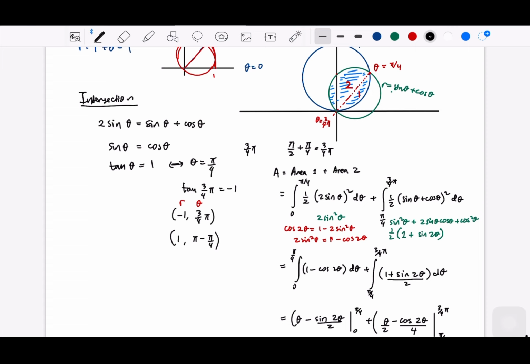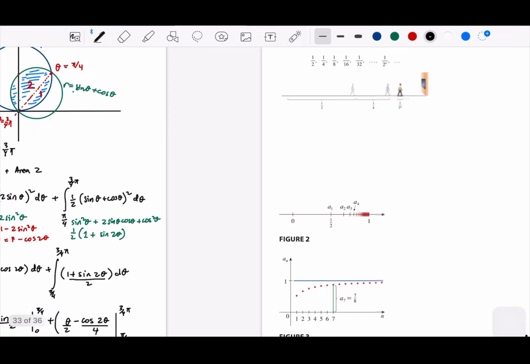Especially, remember a sequence can be an infinite sequence or infinite series, and we could conclude that the sequence is converging to some value, and that's what we are going to observe in calculus. Let me start with the introduction first.